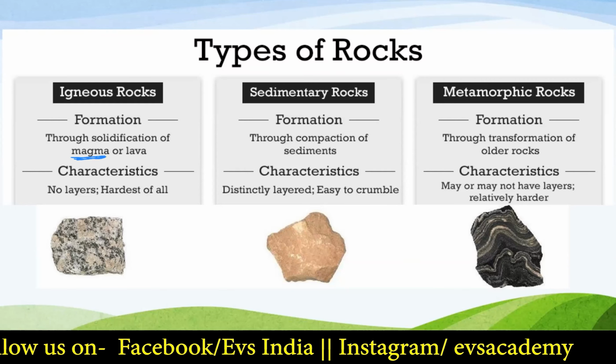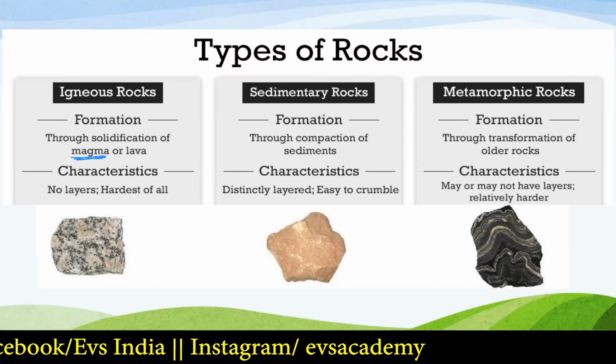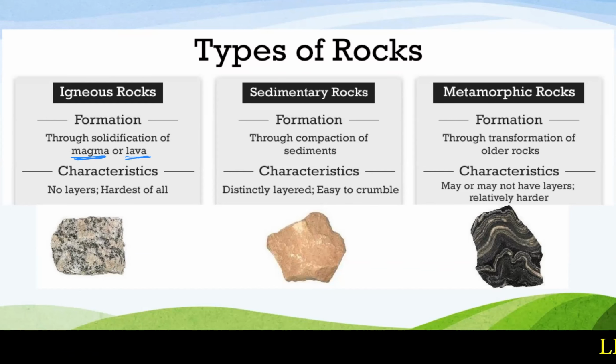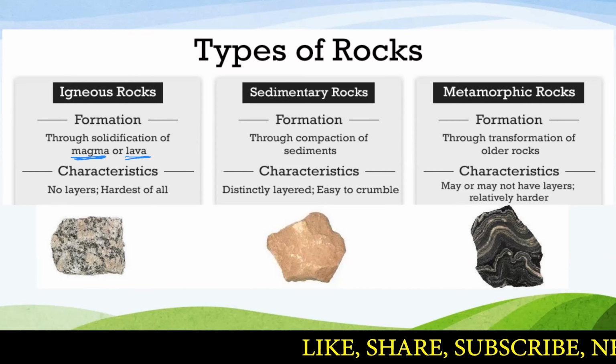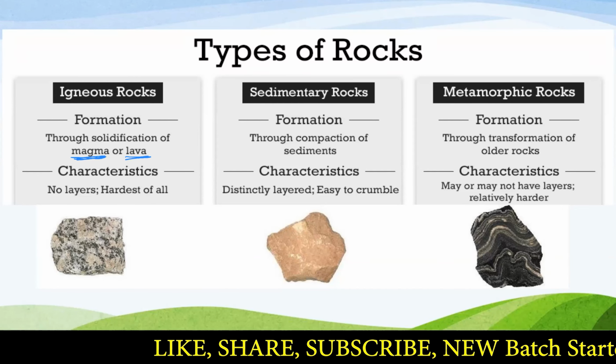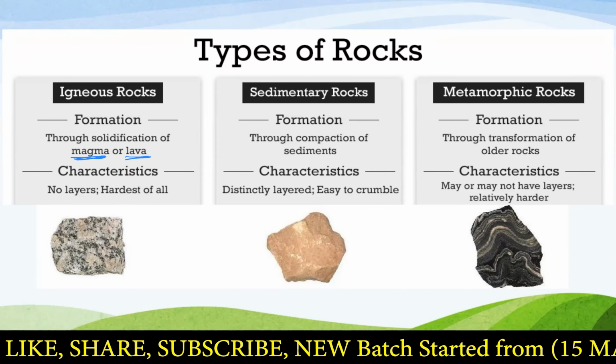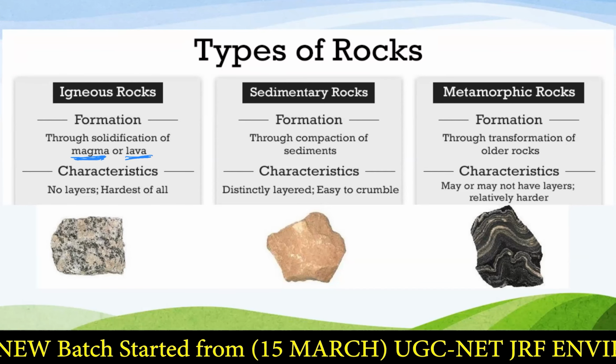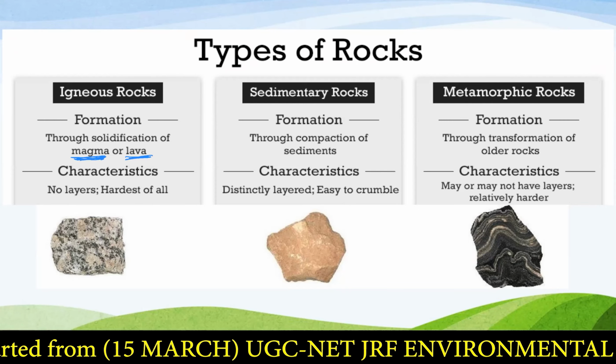And if it comes out with the help of an earthquake or any volcanic eruption, that is termed lava. So lava is basically the liquid portion of those elements or minerals on the surface of the earth. So both are the same. If it is on the surface, that would be lava. If it is in the below-soil zone, that would be your magma.